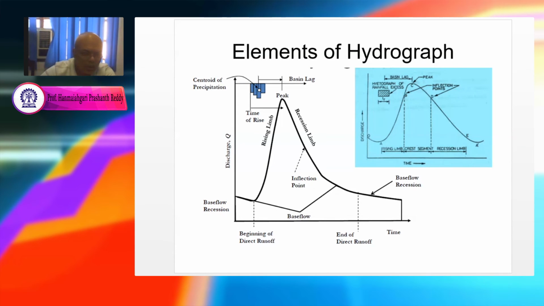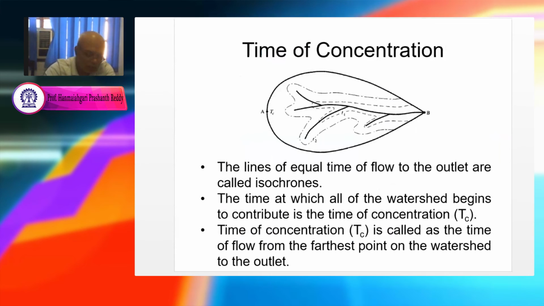Yes, sir. Okay. So the next important concept is time of concentration. You can see that this is a pear-shaped catchment area. B is the outlet, and A is the farthest point on the boundary of the catchment.